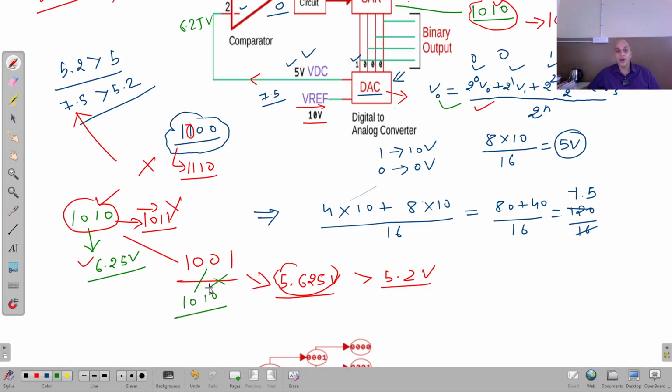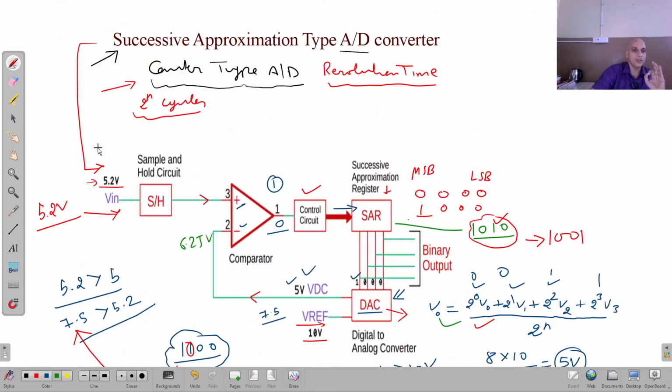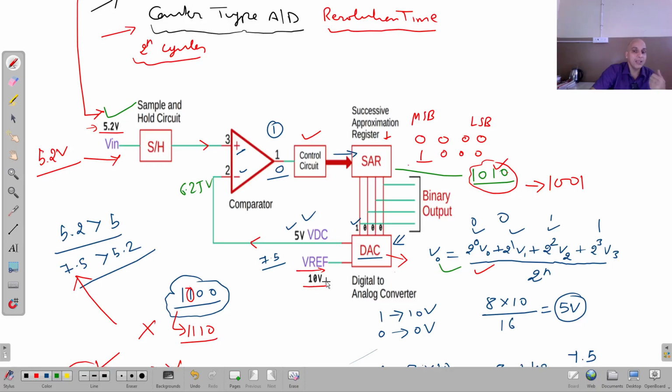But as that is not allowed because this value is higher, it will go toward the lower possibility: this bit will become 0, giving 1000. This corresponds to 5 volt. It means this is the nearest approximation of the voltage given at the input. But you can ask a question: in the beginning this generated 5 volt, then why did we stop here?